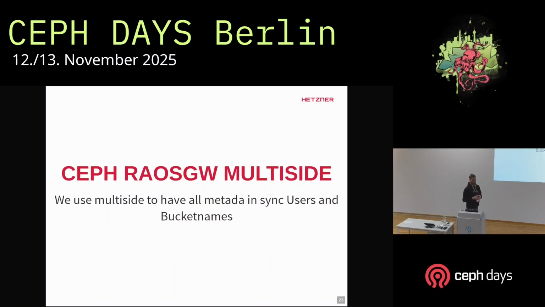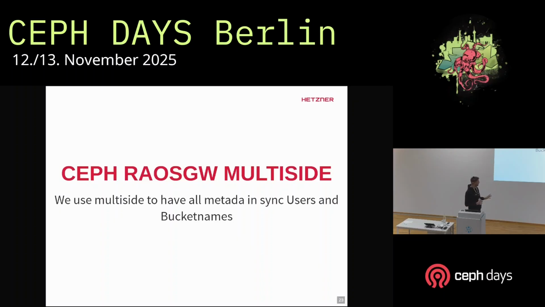So Rados Gateway multi-site is, let's put it that way, tricky. It's usually overcomplicated, and it not always does things in a way you would expect. So I will not go deeply into multi-site here because that would be a talk of its own.